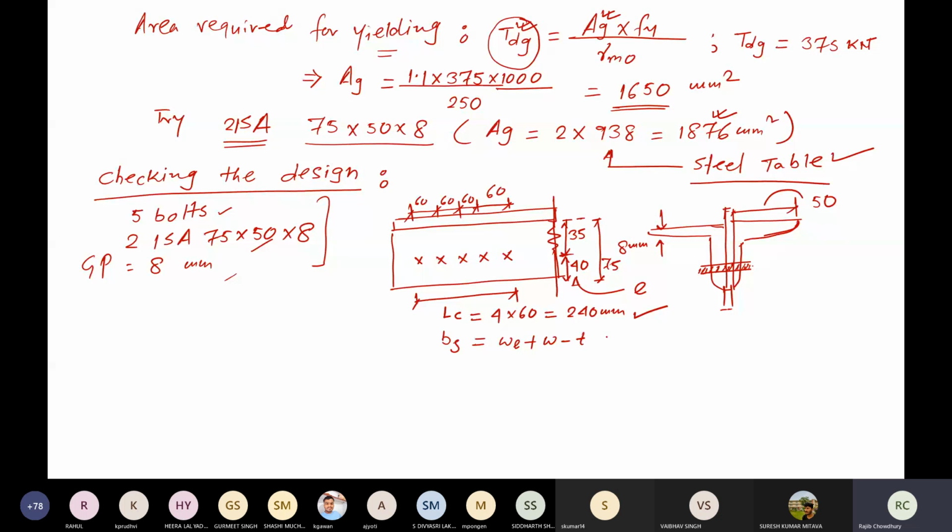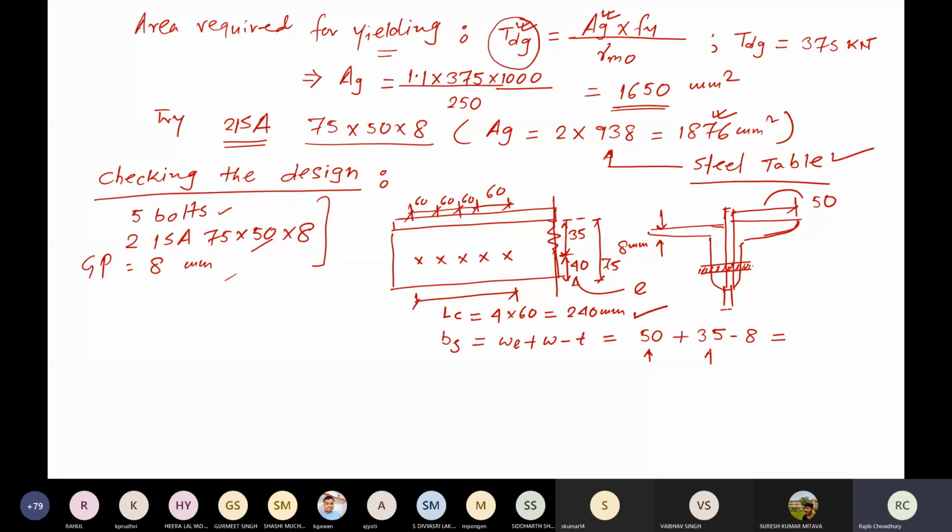So now this is known to me. How much would it be? 50 plus 35 minus 8. What is 50? 50 is your outstanding leg.